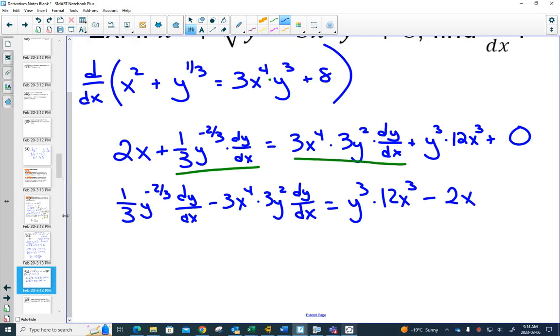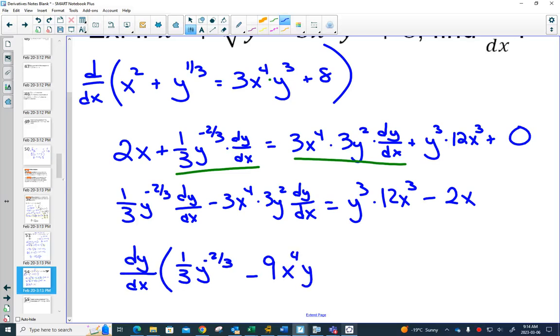And once you have two terms with a dy dx, you can factor that dy dx out. That's going to leave you with 1/3 y to the negative 2/3. And here, minus, I guess I could put those 3 and 3 together, get 9, x to the 4 y squared. And here too, I could write this. That technically would be the proper way to write it.